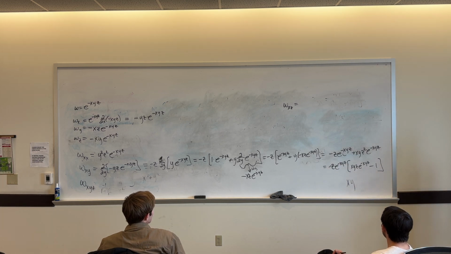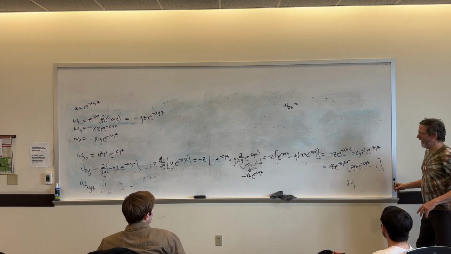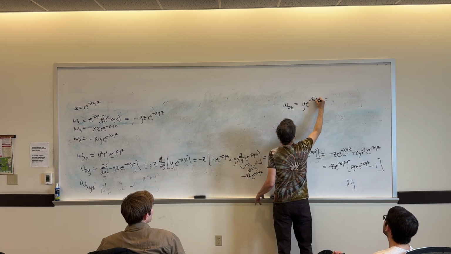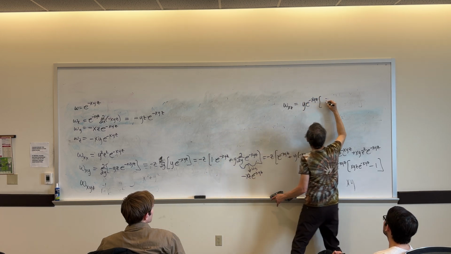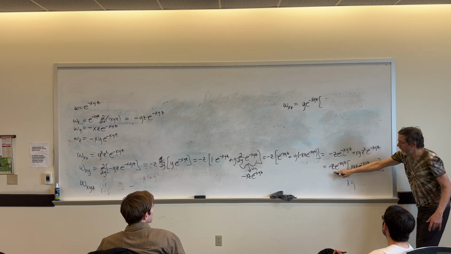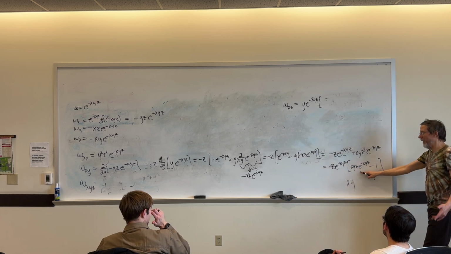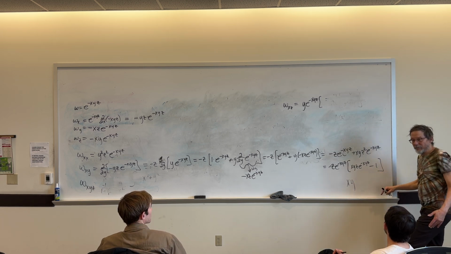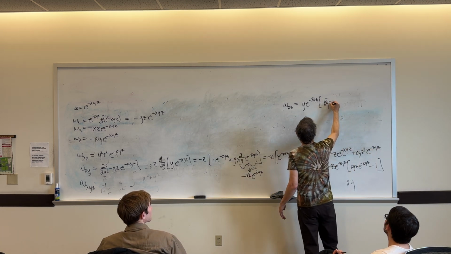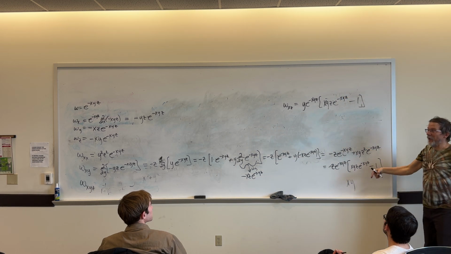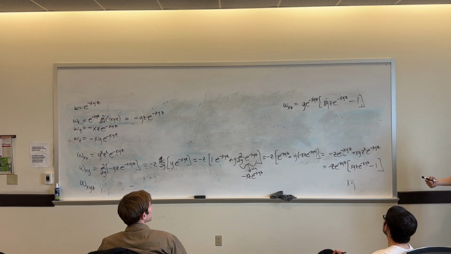It would be like y e to the xz, I guess. Yeah, the variable that's missing in the derivative out front. Same thing, yeah, and I think that's probably right. And then we could do the yz in the same way.